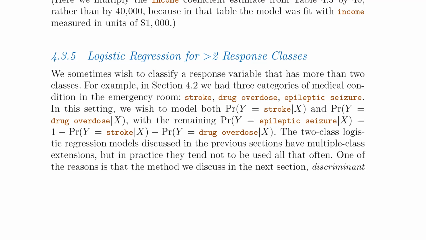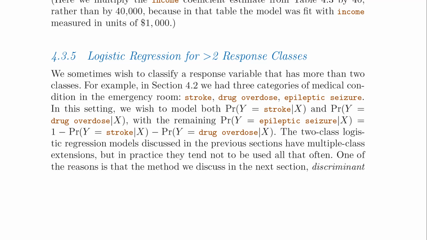For example, in section 4.2, we had 3 categories of medical condition in the emergency room: stroke, drug overdose, epileptic seizure. In this setting, we wish to model both probability y equals stroke given x and probability y equals drug overdose given x.